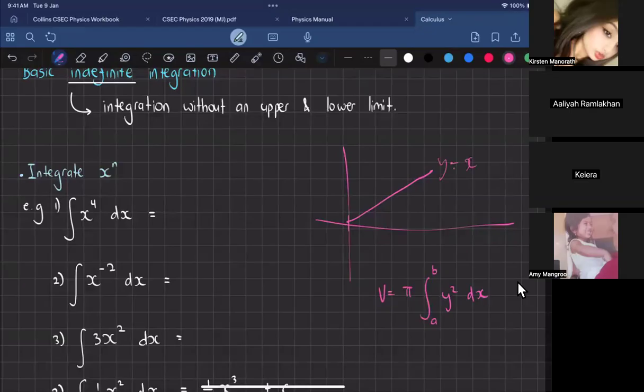You have to square this expression, so it will be x squared. You integrate like normal. You do the same steps. You plug in b minus plug in a, and whatever your final answer is, you multiply by pi. That's how you find volume. So you use this formula: V is equal to pi, upper limit, lower limit, y squared, dx.